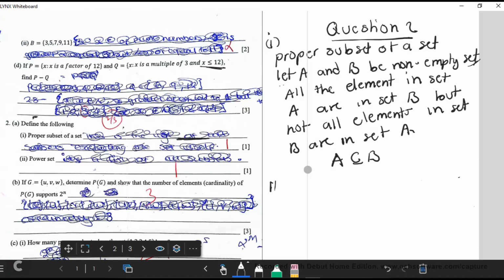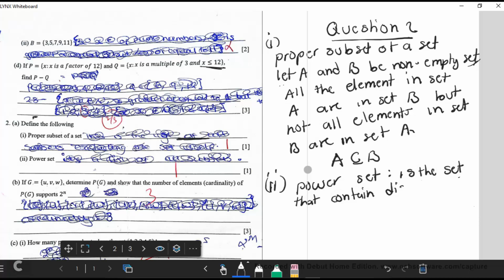Then let's go on question 2. We have to define what the power set is. So a power set, we say a power set is the set that contains what?